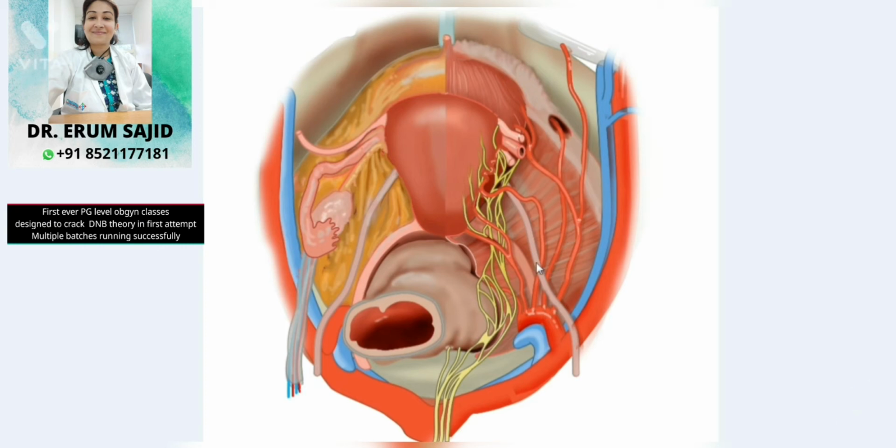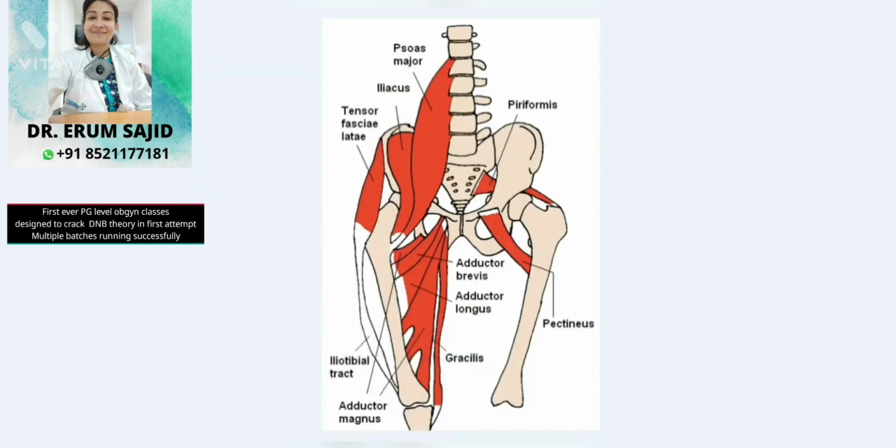Now the internal iliac artery begins at the sacroiliac joint, right? And it lies medial to the psoas muscle. I've deliberately taken the photograph just to recapitulate a little. This is your psoas major muscle. So it's medial to the psoas major muscle.